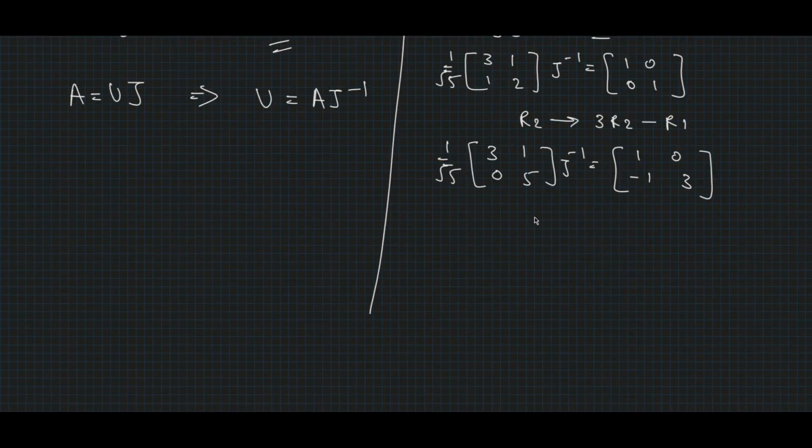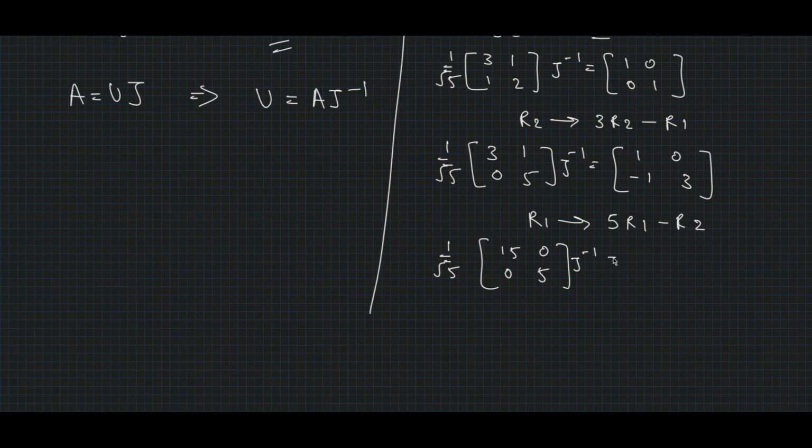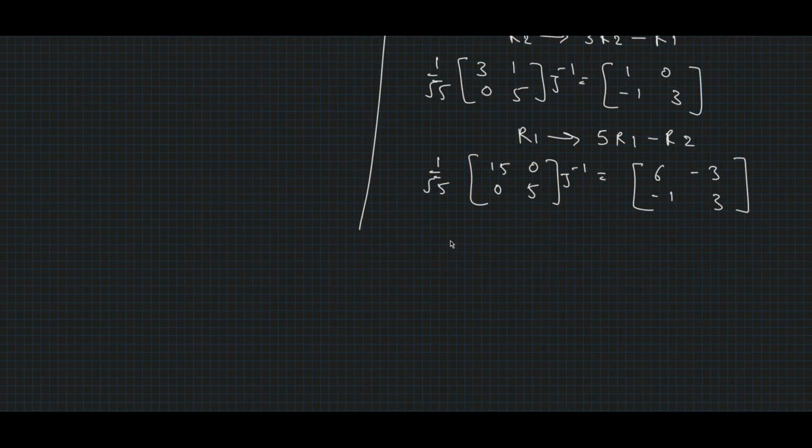Similarly, doing transformation on R1, R1 transforms to 5R1 minus R2, which would give us 1 by root 5 times (15, 0; 0, 5) j inverse equal to (6, minus 3; minus 1, 3), which by simplifying we'll get 5 by root 5 times (3, 0; 0, 1) j inverse equal to (6, minus 3; minus 1, 3).